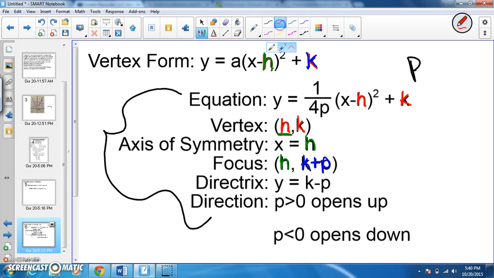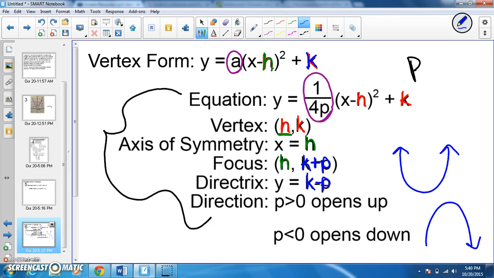We're going to get p from using a and 1/(4p). Then we have our directrix, which is a horizontal line, so we have y is equal to k, once again, which is the y coordinate of our vertex, minus p. Then if p is positive or greater than 0, our parabola will be opening up. And if p is negative or less than 0, our parabola will be opening down.